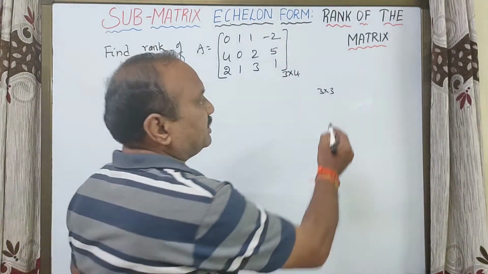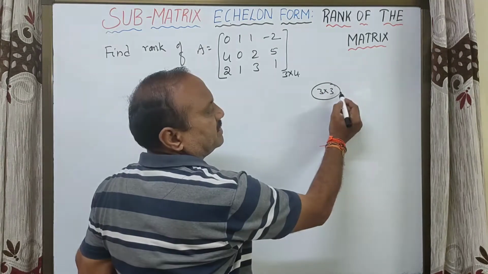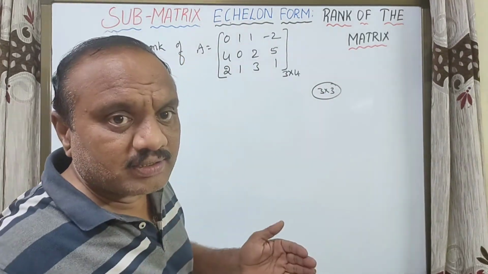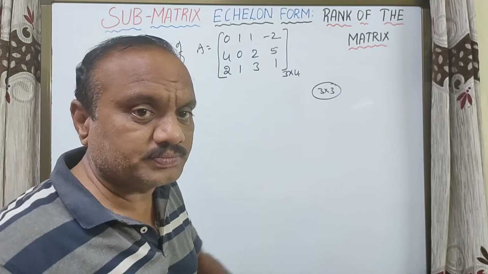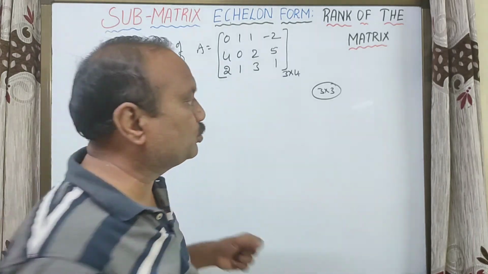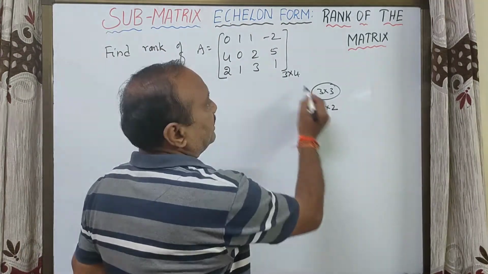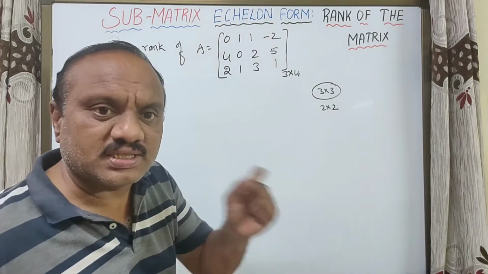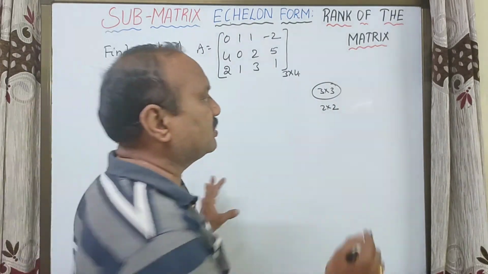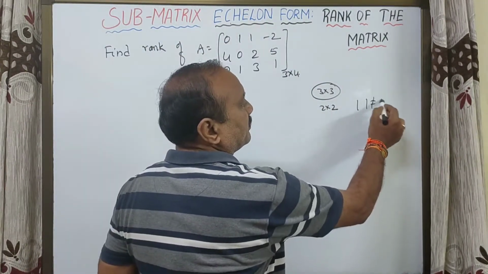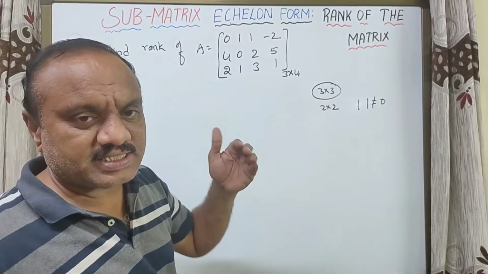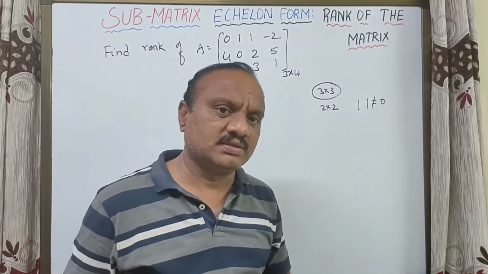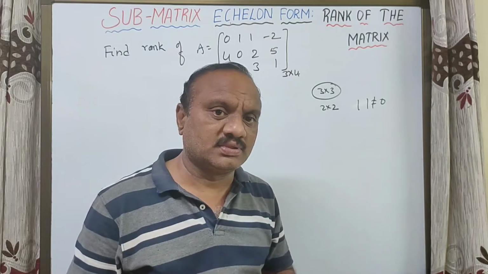If every 3 by 3 is singular, you go for 2 by 2. If at least one 2 by 2 submatrix of this matrix is non-singular, non-singular means det value not equal to 0, then rank of this matrix is 2. That is the method. It takes time.